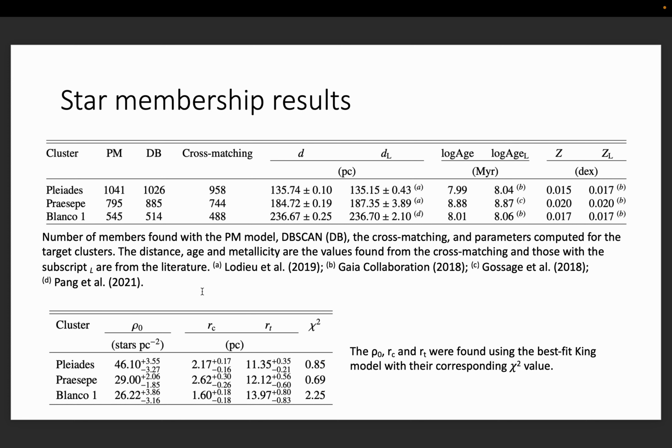Then we estimate distance, age, and metallicity using the baseline software, and we implement the King model to fit the radial density profiles in order to find the core radius and the tidal radius.